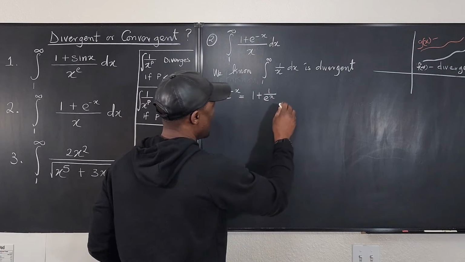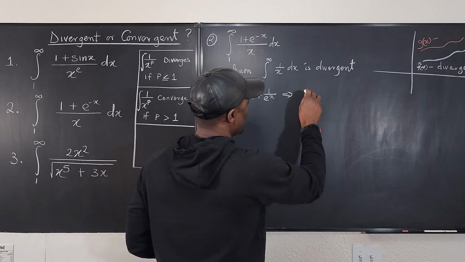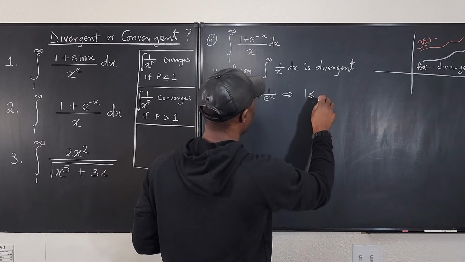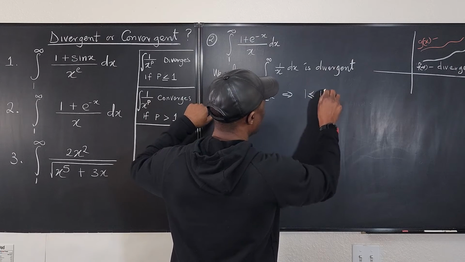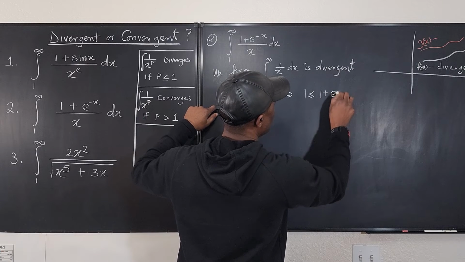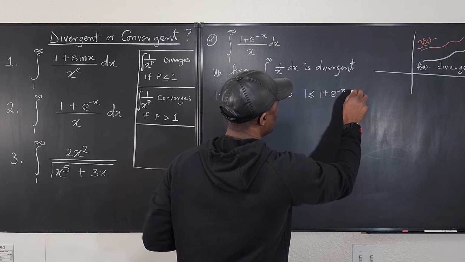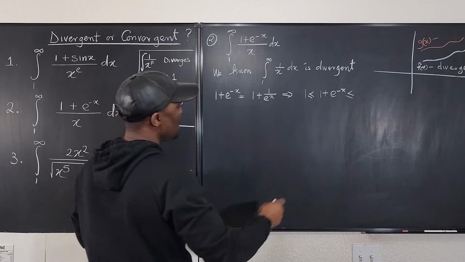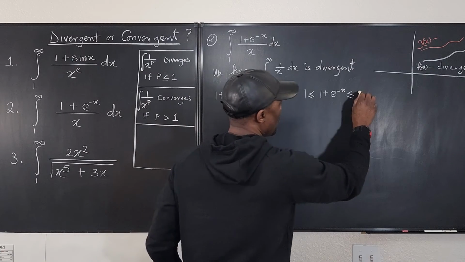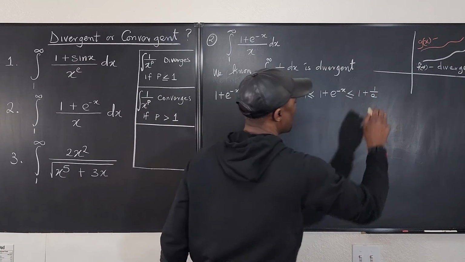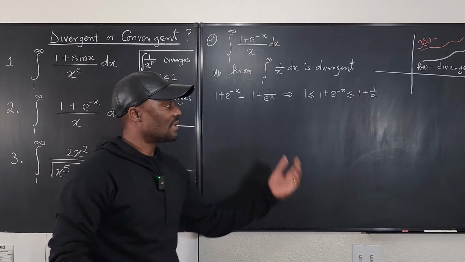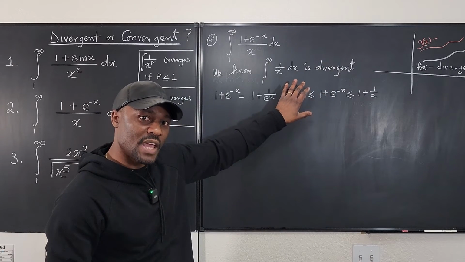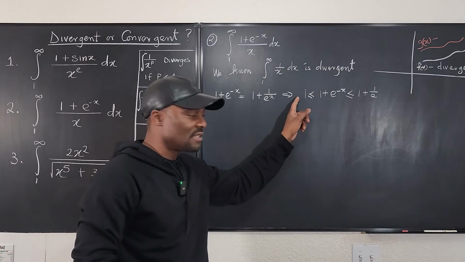So we can say, which implies that 1 is less than or equal to 1 plus e to the negative x, and this is less than or equal to, what would it be? What's the biggest value it can be? 1. That's it. But we want to take the smaller version now, okay? Because this has to be greater than something.